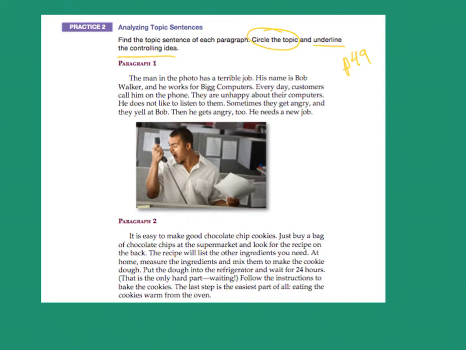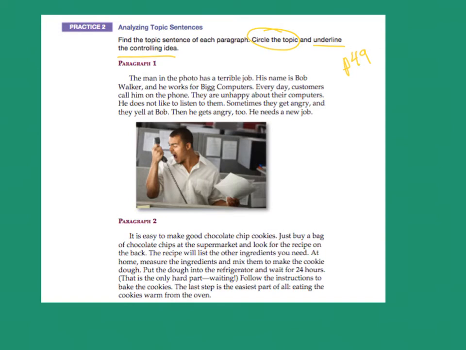So where is the topic sentence? Well, that's pretty easy because the topic sentence is always the first sentence, right? So we have our topic sentence at the beginning. Now let's figure out what is our topic and what is our controlling idea in that sentence. The man in the photo has a terrible job.